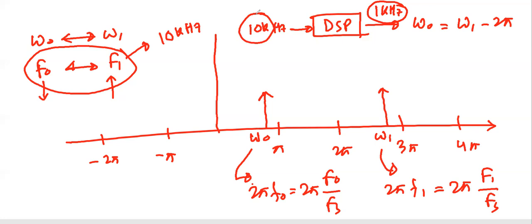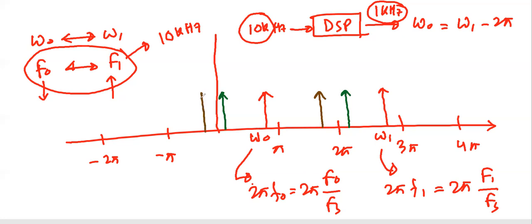Now, by choosing different colors, I try to make you understand. If there is another signal at this moment, where is the identical one? Before twice pi. So it is very close to this. Try to understand each and every point with a different color. If I put some frequency over there, where is the identical one?